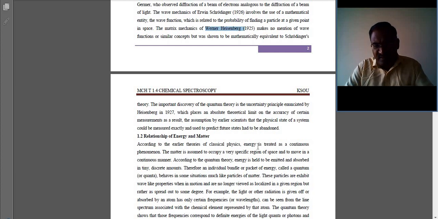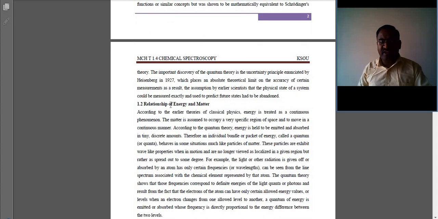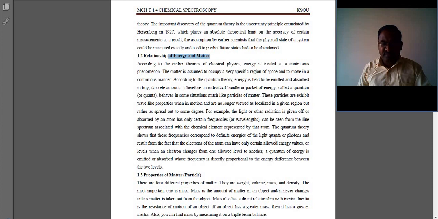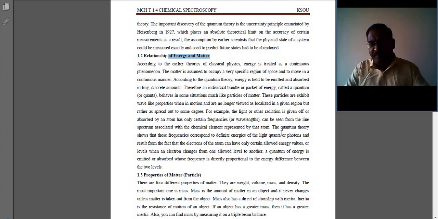Ultimately, with the help of classical physics, finally we got the relationship between energy and matter. That is, E is equal to h mu. The individual bundles or packets of energy are called what?